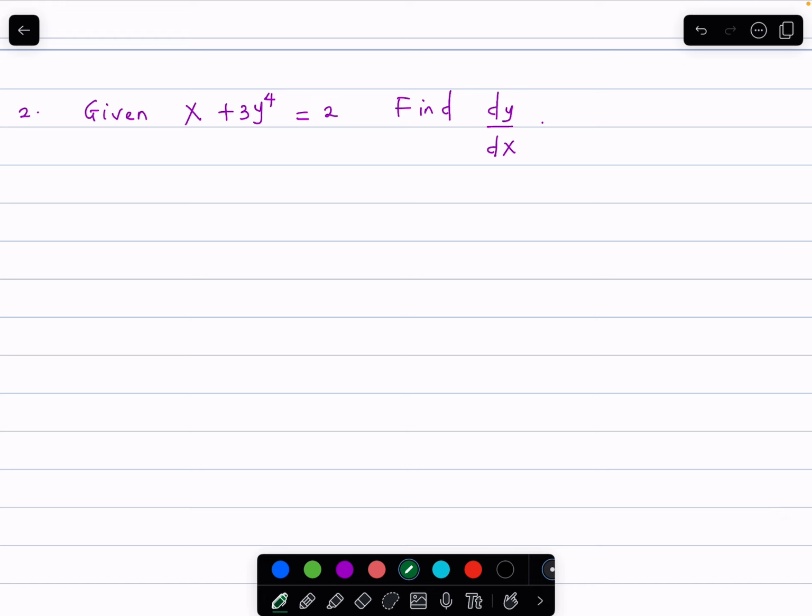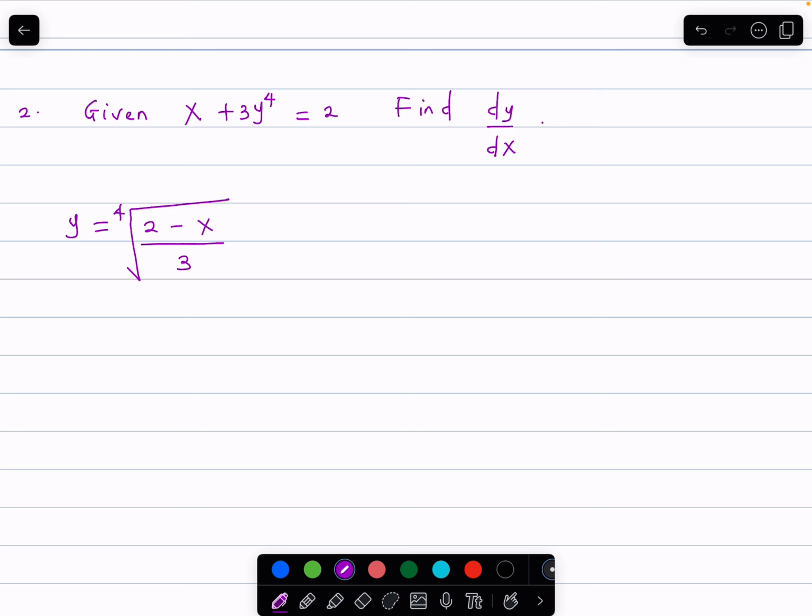If I want to use the first method, I have to make y the subject of the formula. So I'm quickly going to do that. y will just be the fourth root of (2 minus x) divided by 3.